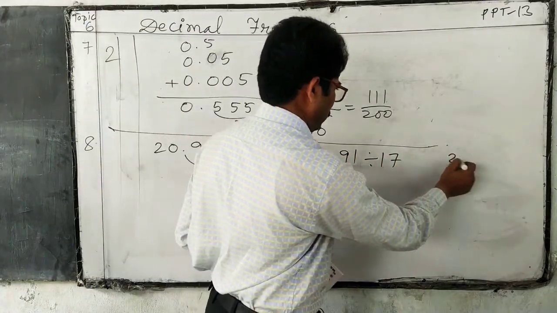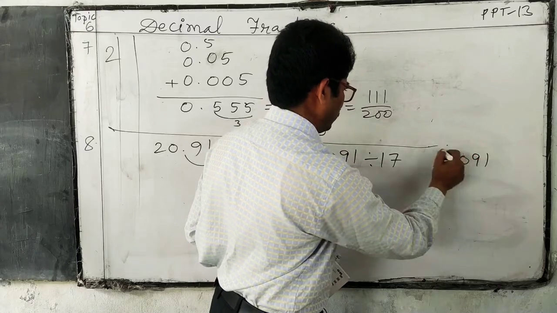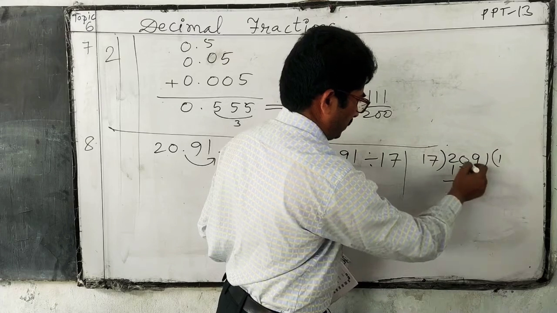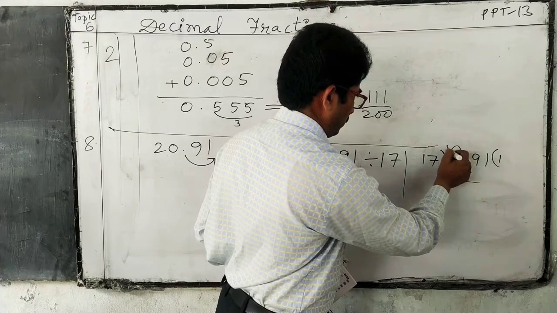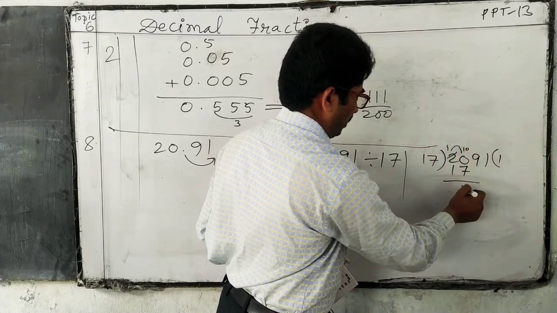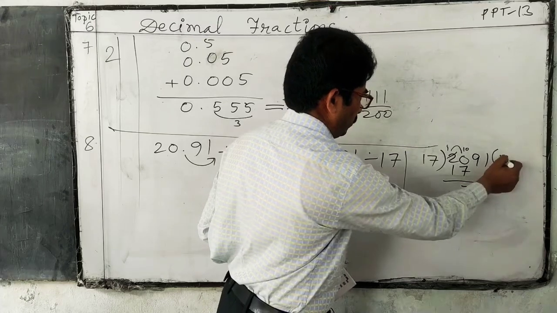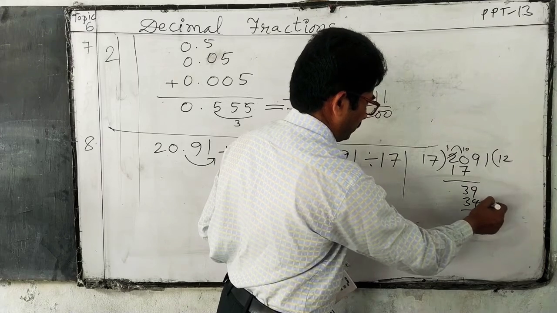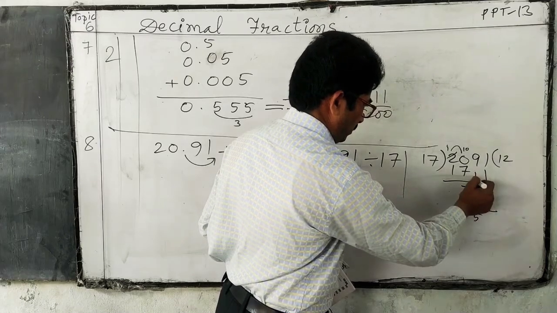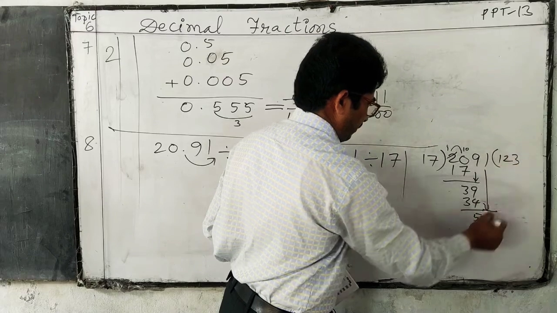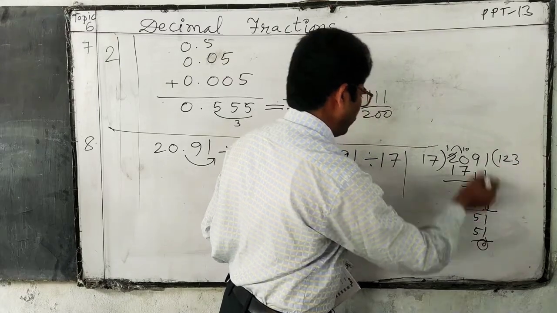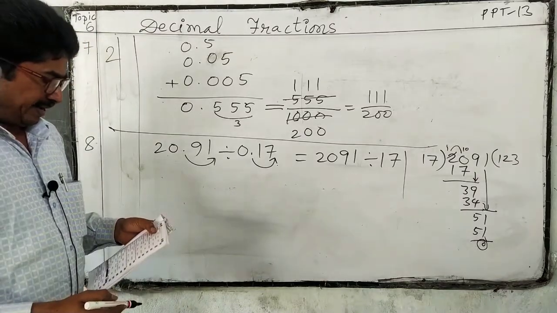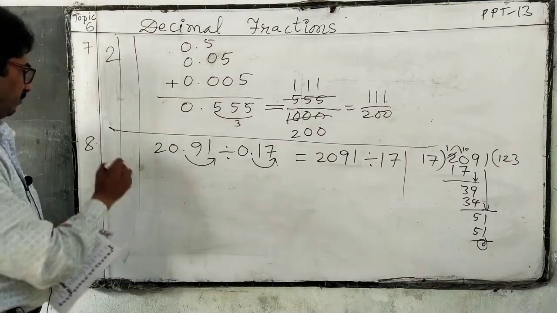We have to divide 2091 by 17. 17 ones are 17. 17 twos are 34. 17 threes are 51. So 123, 4th option.